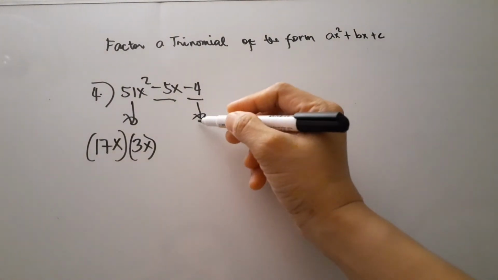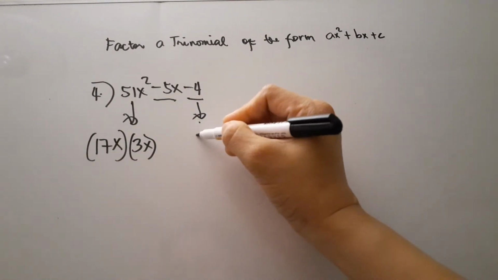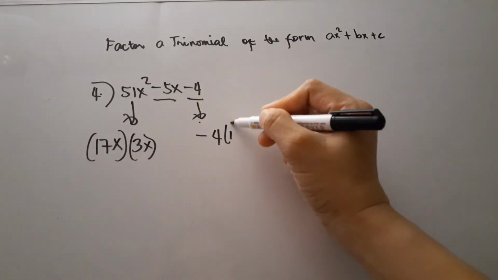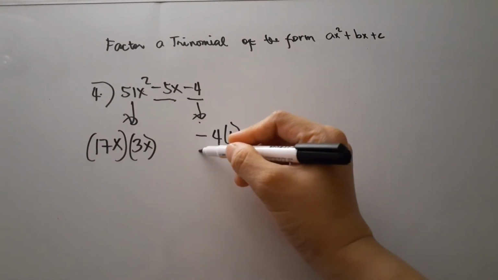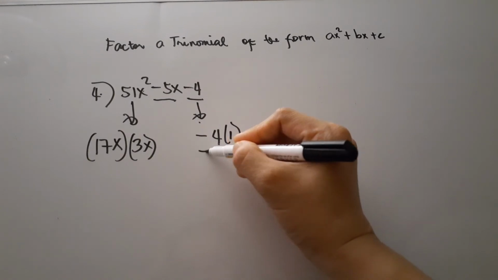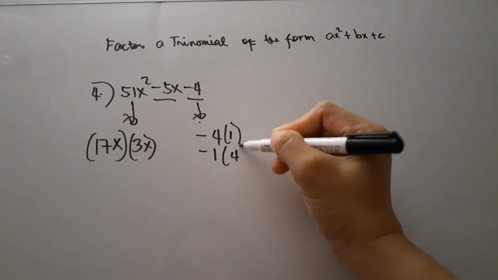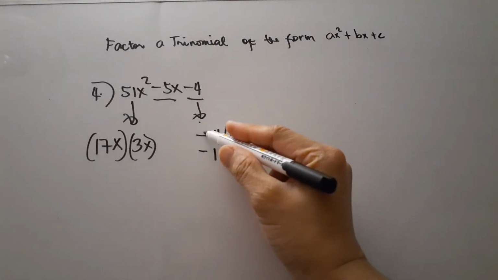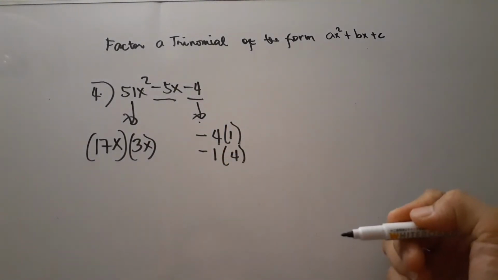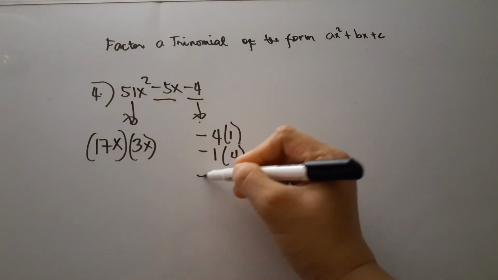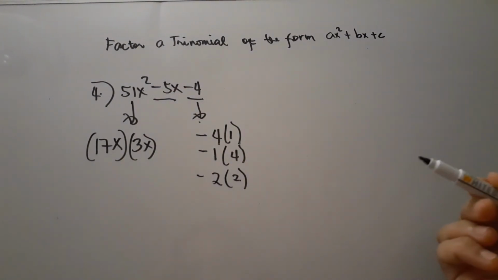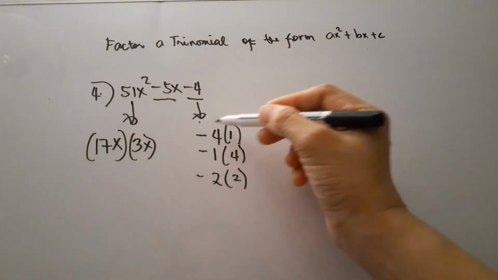So let's factor 51x squared. Let's have 17x times 3x, and negative 4 is either negative or positive. Then we can choose negative 1 and 4, or negative 2 and 2, and then use the trial and error method.